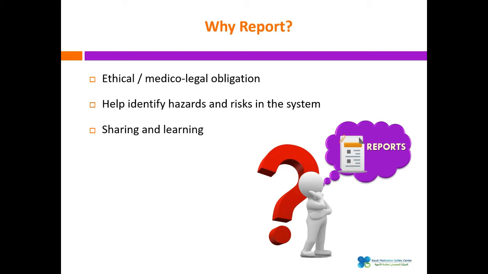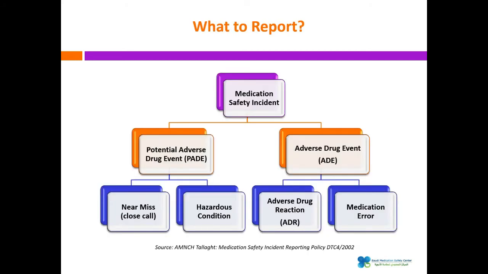Next slide. Thank you. So what to report? We want you to report any medication safety incident. And there are two different types. We have medication errors and we have adverse drug reactions.